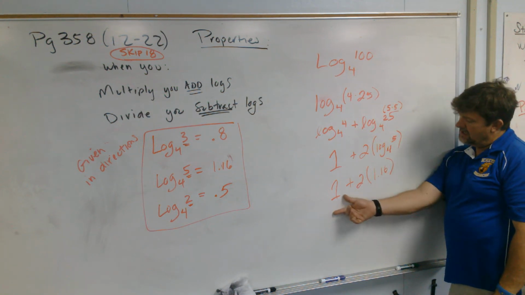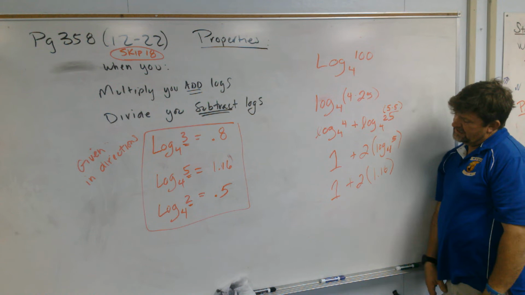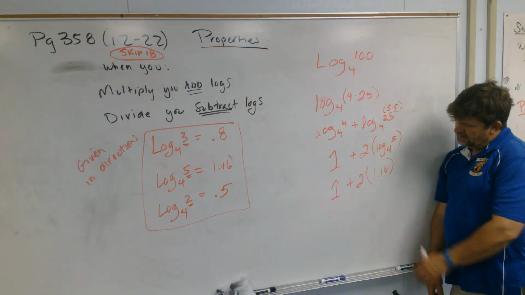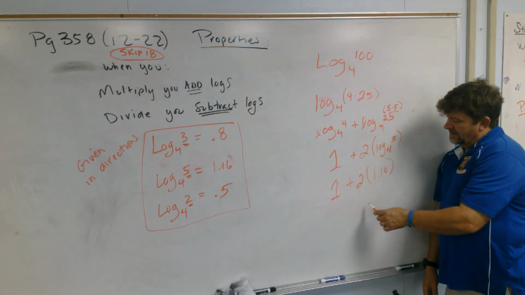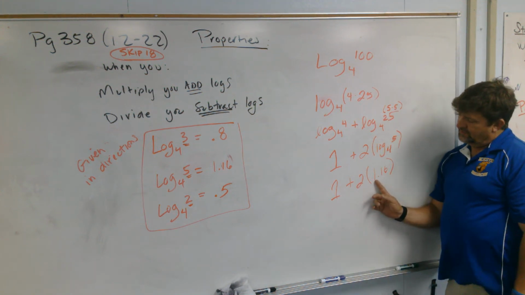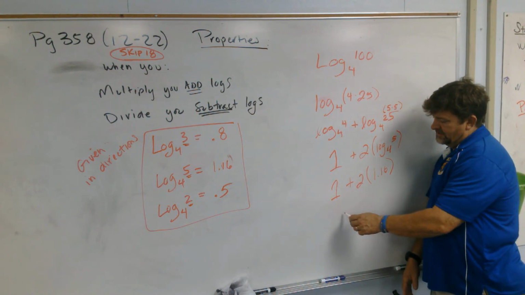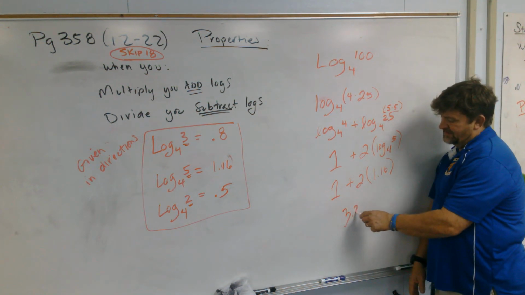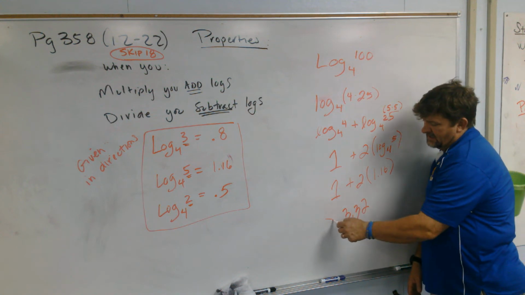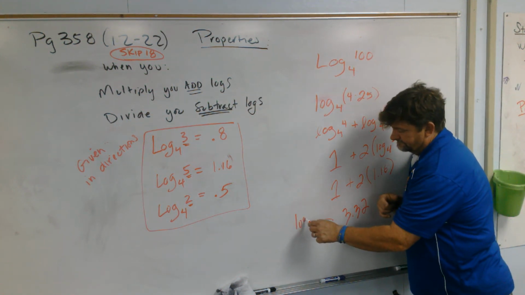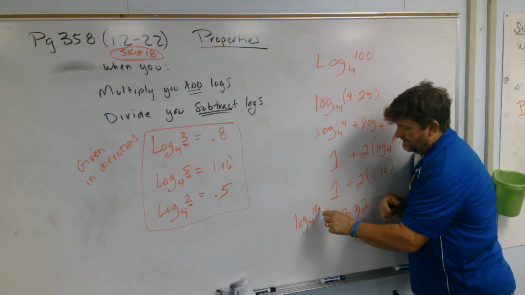And then we clean this up and we get something. This is 1 plus 2. That's 3.32. 3.32 is what log base 4 of 100 equals.